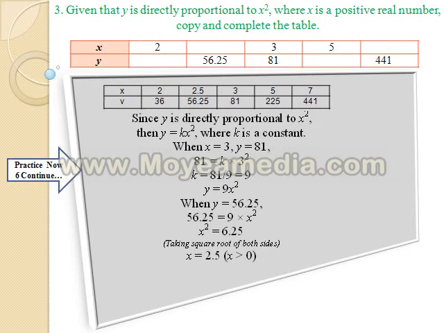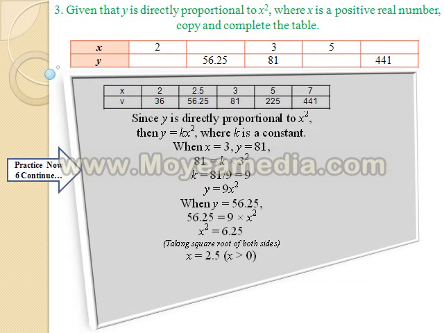And the third part is in fact the same: y is directly proportional to x squared, and there is a whole table here. Some of the boxes are blank, which means we need to fill those boxes. You can see 2, below the 2 the box is empty, which means we need to find the value of y here.